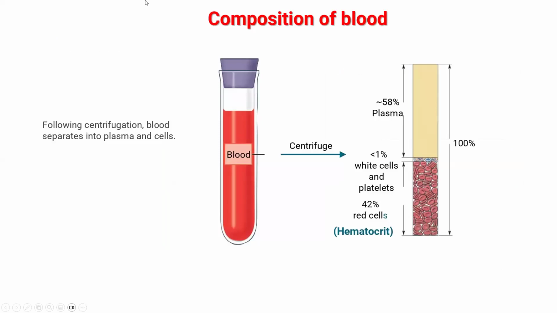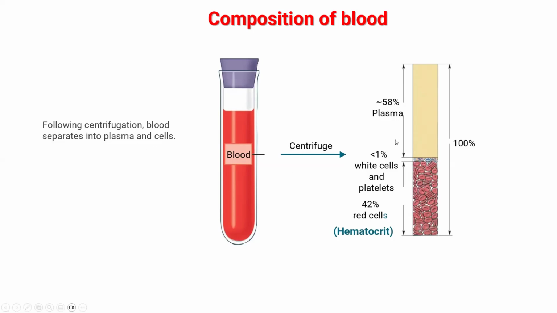What is the composition of our blood? Following centrifugation, blood separates into two main components: plasma and cells. This is blood taken out of your artery or vein, and they are looking at this blood through a centrifuge.